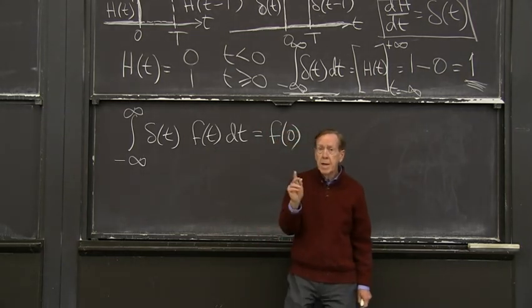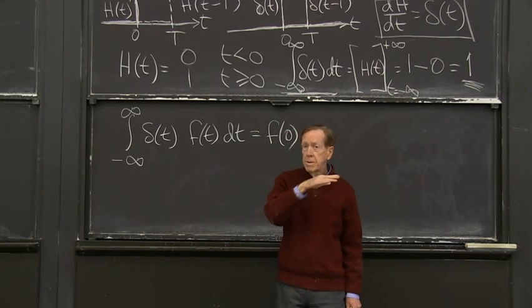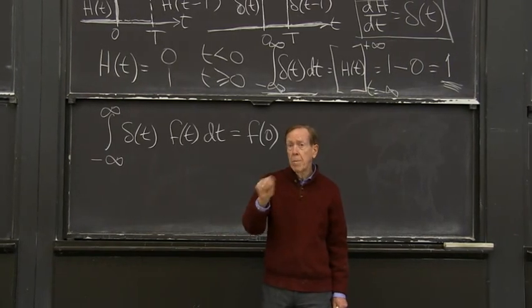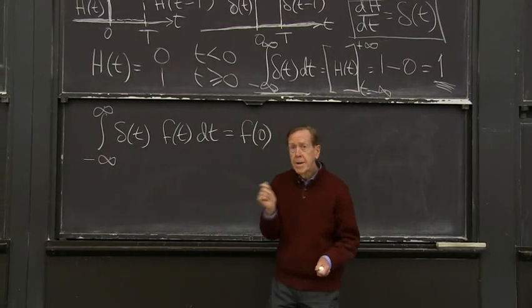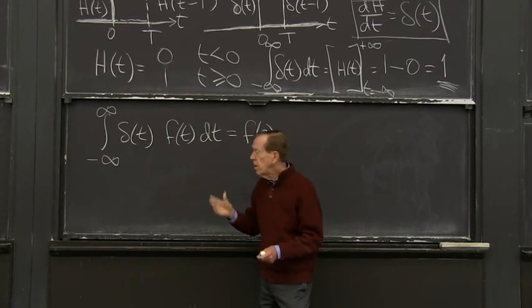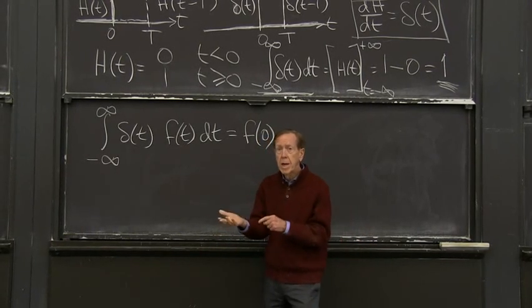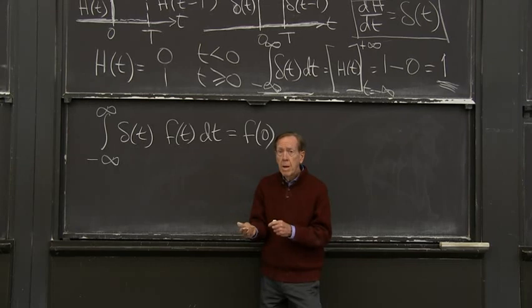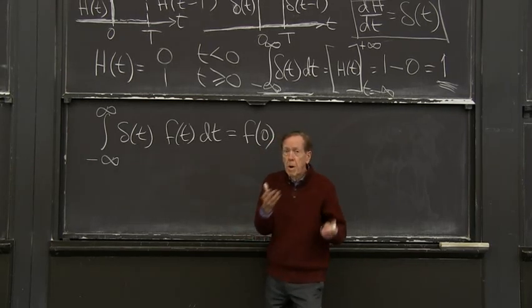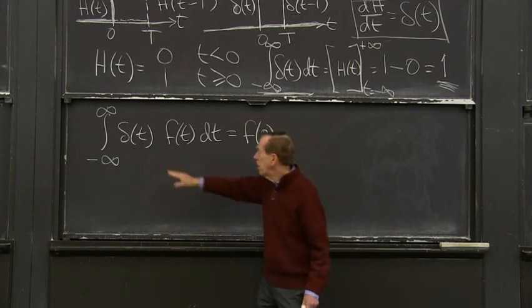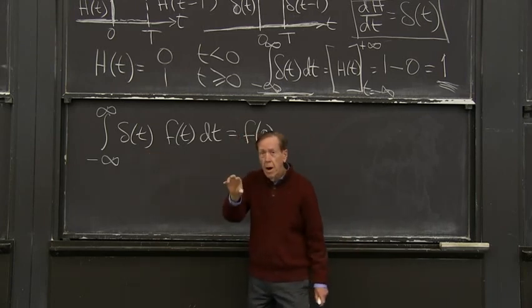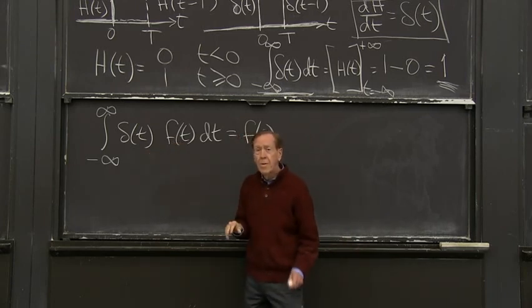Well, sine t happens to disappear just at the moment when the delta function is ready to turn on, at t equals 0. So the integral of delta of t sine t is sine of 0, which is 0. You've got one term turned on, but the other term turned off.